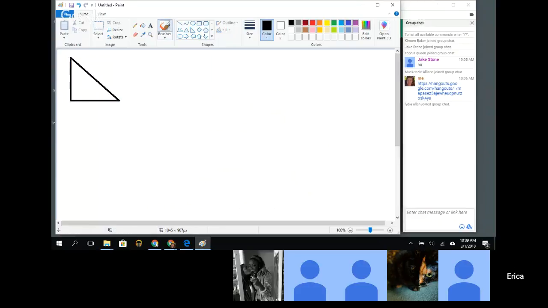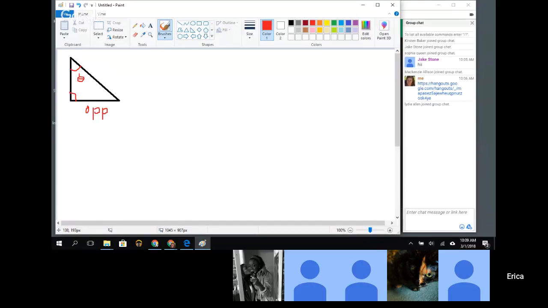If we have an angle here that we'll call theta, and we have sides A, B, and C. Actually, let's not call them A, B, and C. Let's call this the opposite side.